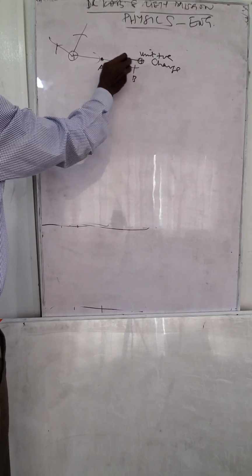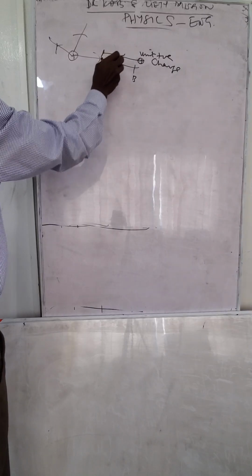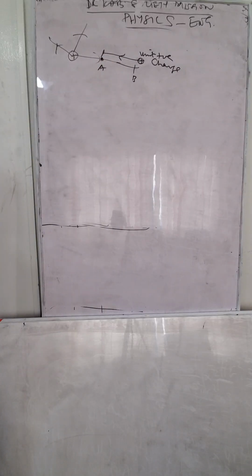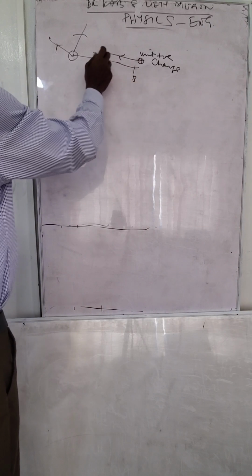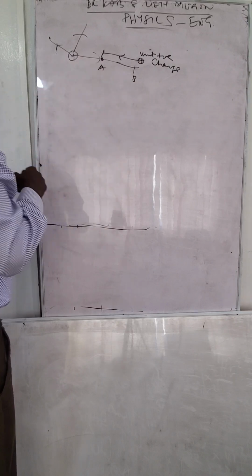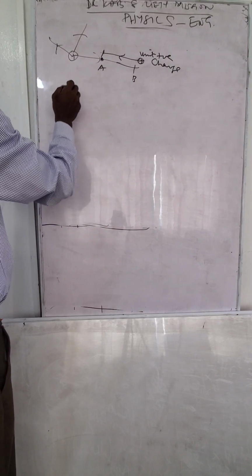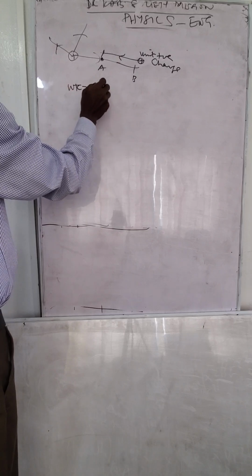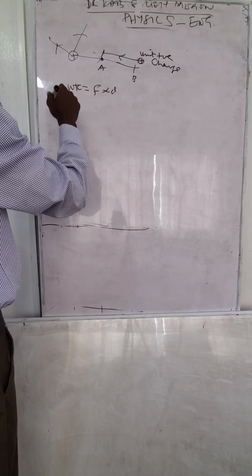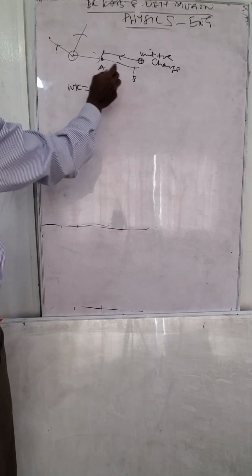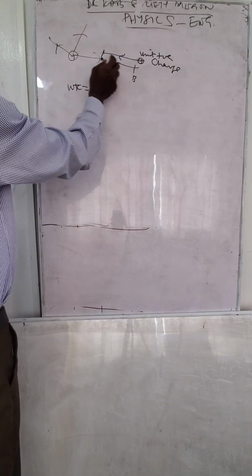Now we are moving this to this point, and we want to find the work done. To find the work done, we know work done is equal to force times distance. Now the force that is in operation here, if you are moving this here, there's repulsion.